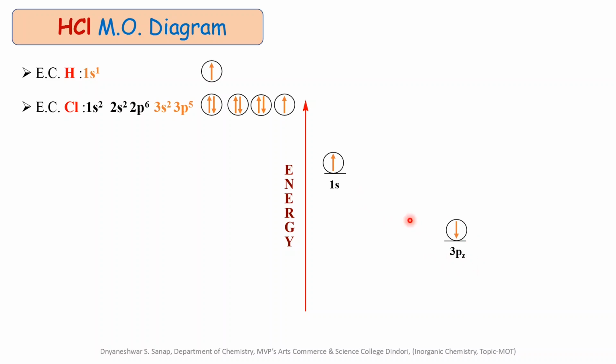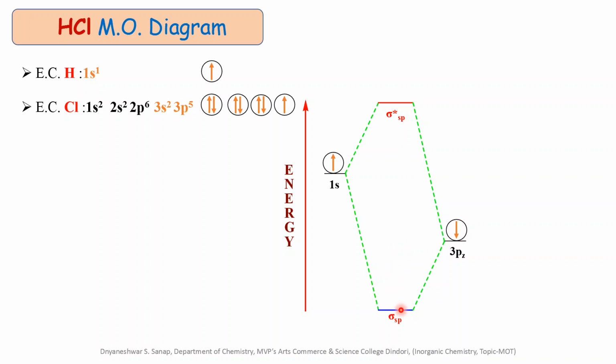When these two atomic orbitals combine together, they form 2 molecular orbitals. Out of these 2 molecular orbitals, one is lower in energy and one is higher in energy. The lower energy molecular orbital is called the bonding molecular orbital, denoted by the symbol sigma sp, and the higher energy antibonding molecular orbital is denoted by sigma star sp.